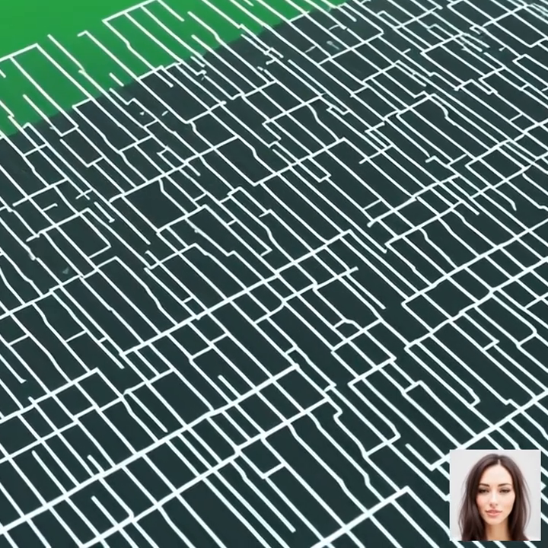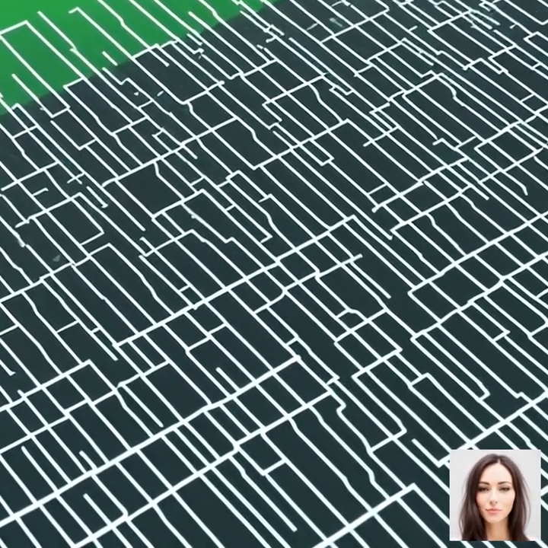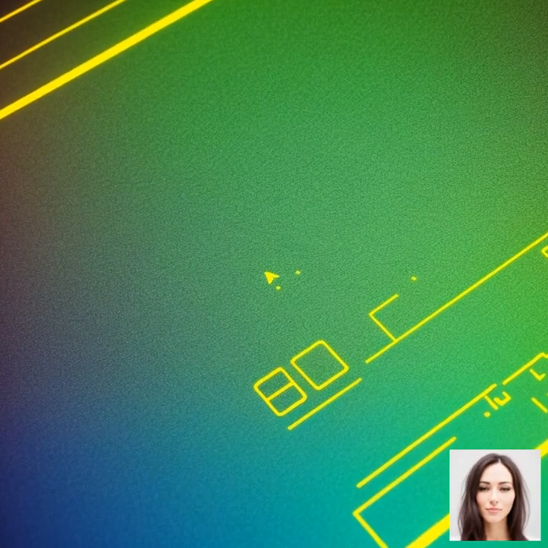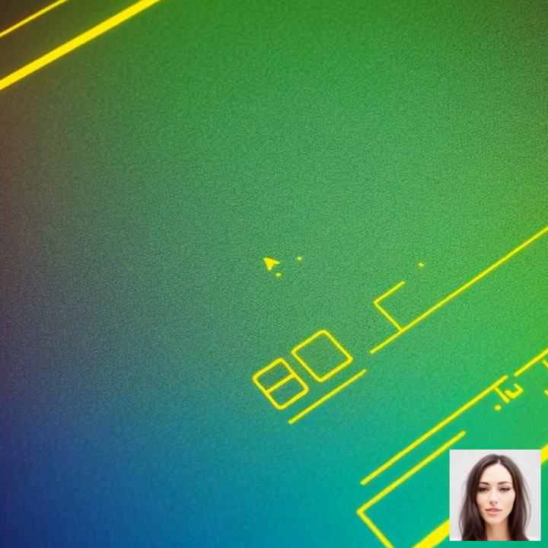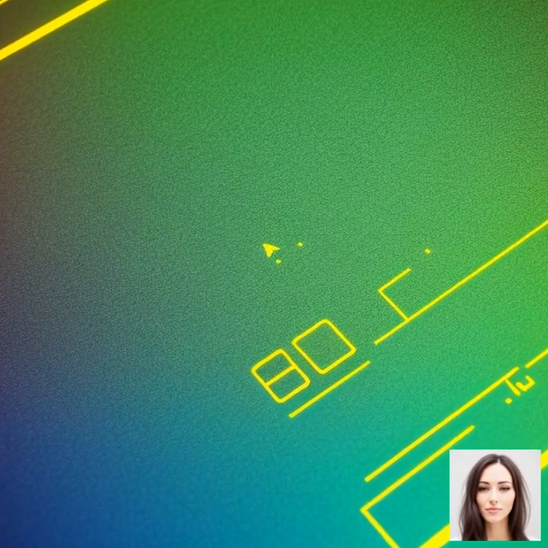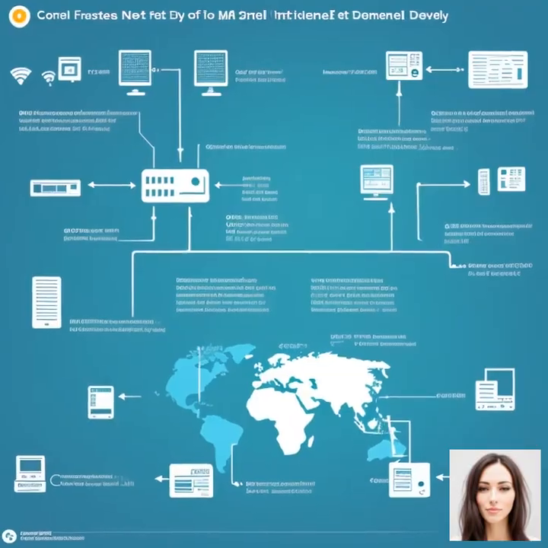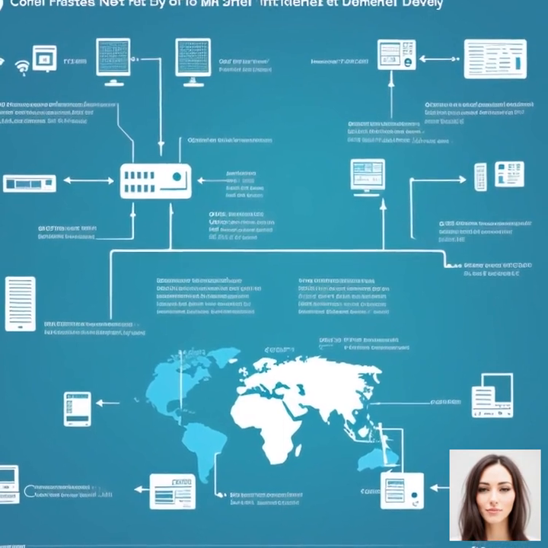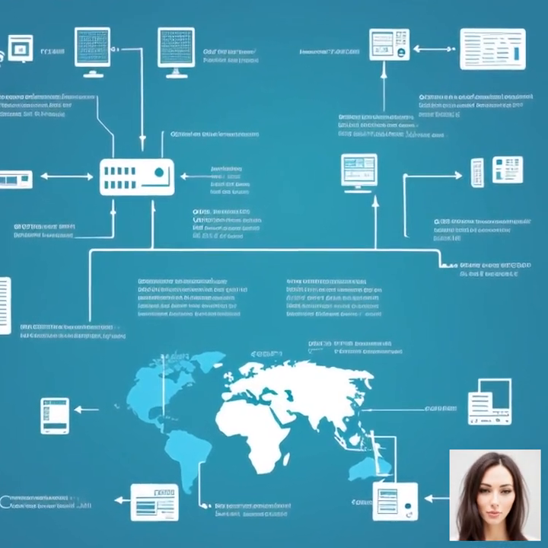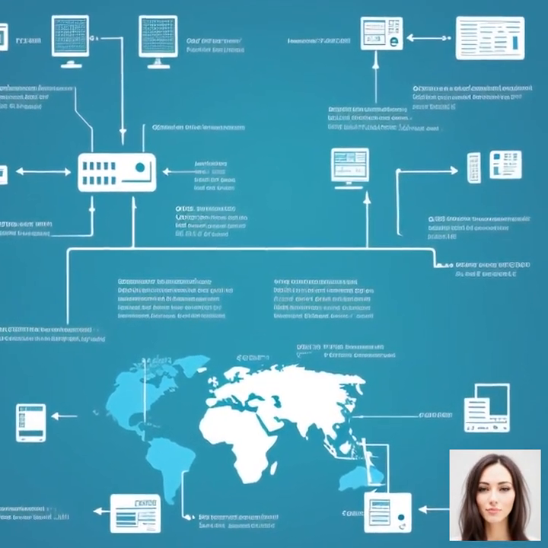So how does data travel across the internet? Well, it's broken down into smaller pieces called packets. Think of packets like tiny digital envelopes containing bits of information.